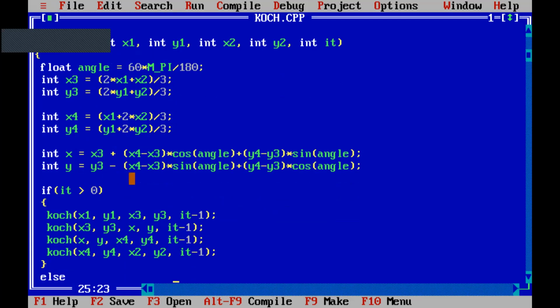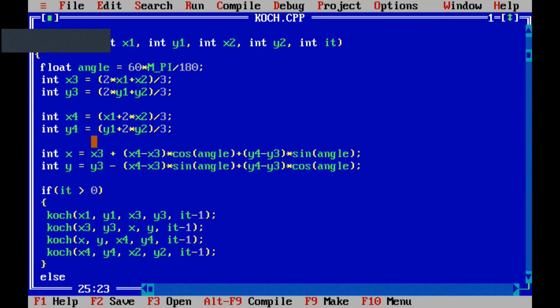What I have to do is rotate my x3 y3 to x4 y4 segment up to 60 degrees. So whatever segment I had, I will rotate it by 60 degrees so that I get the new point xy.